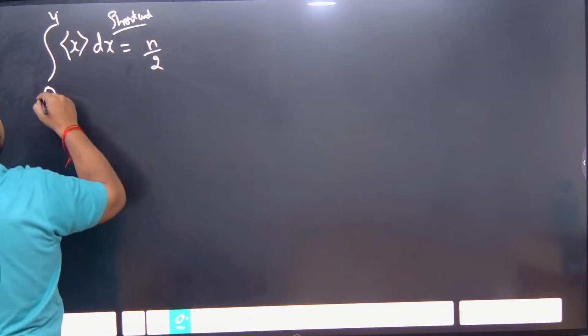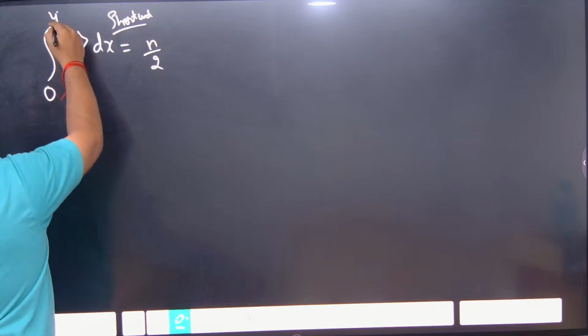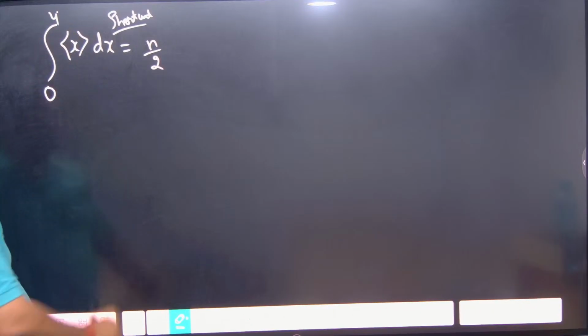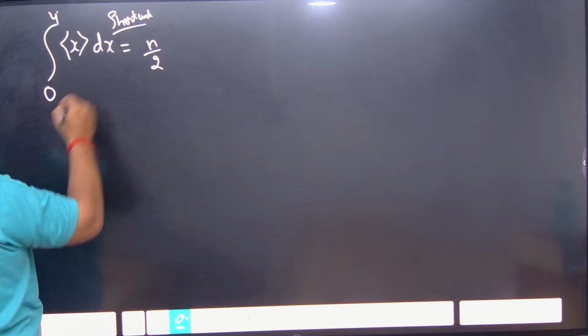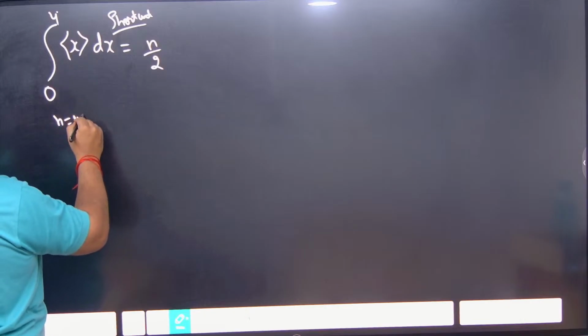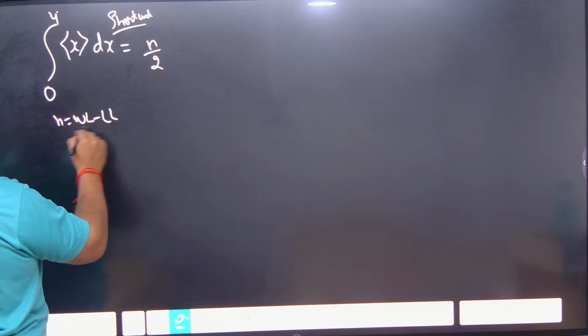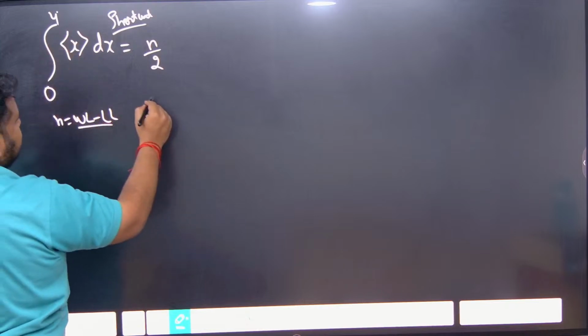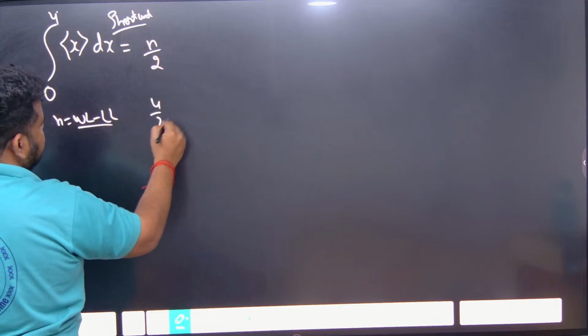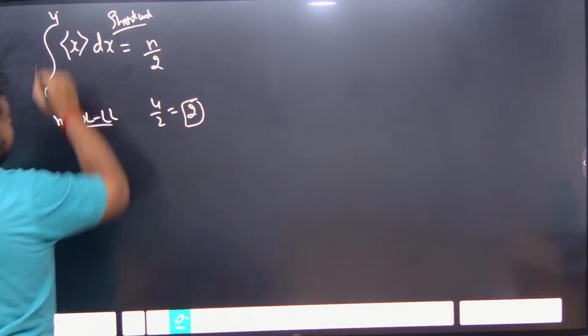Here n is the upper limit minus lower limit, that is 4 minus 0, which is 4. So 4 by 2, the answer is 2.